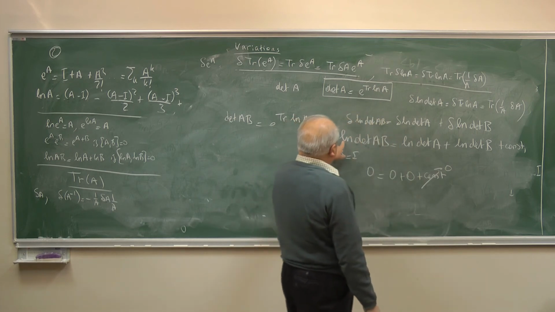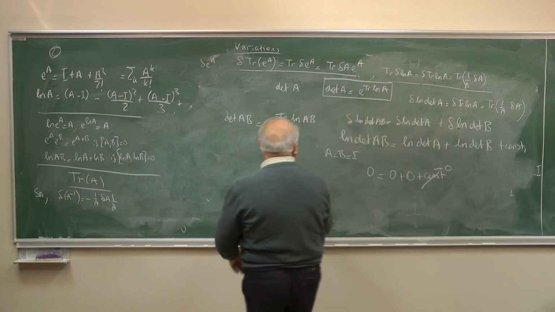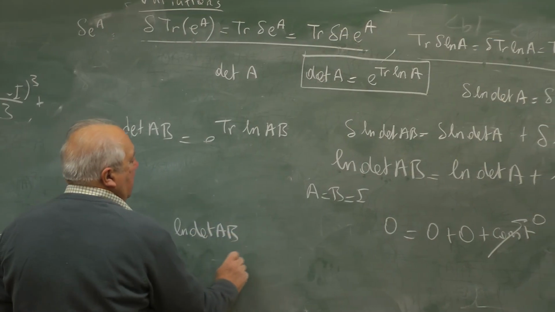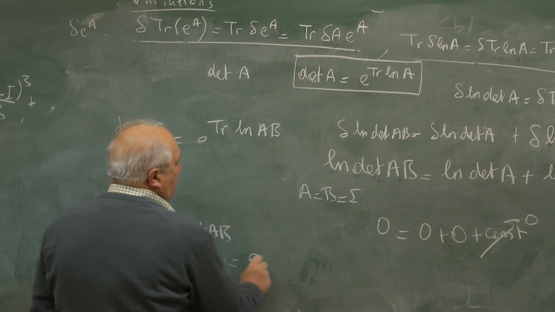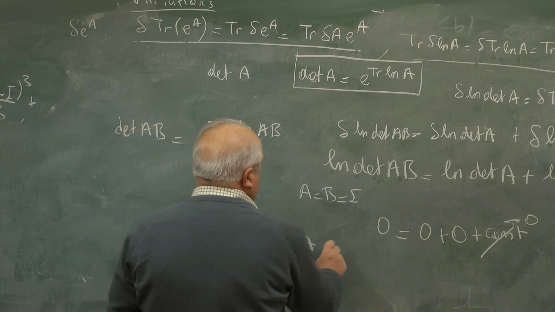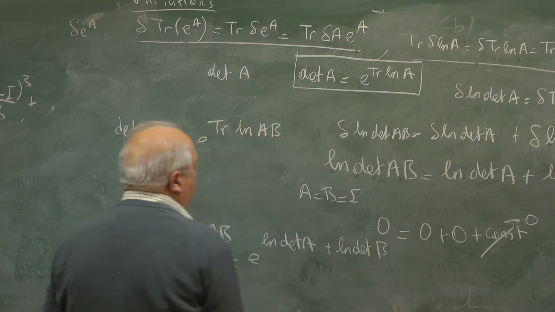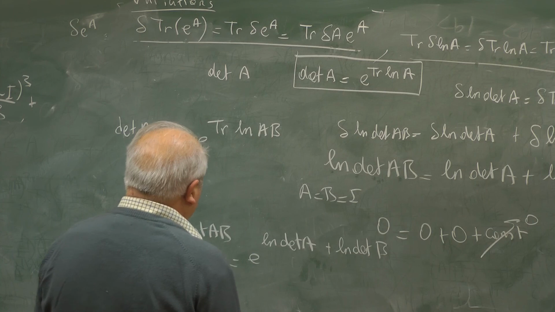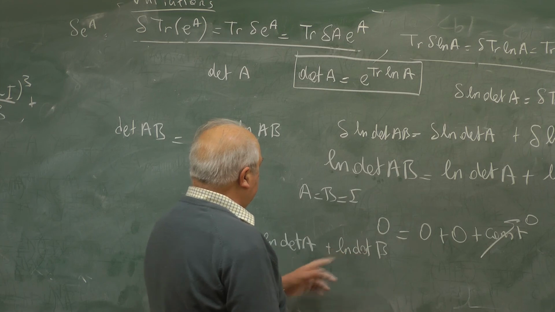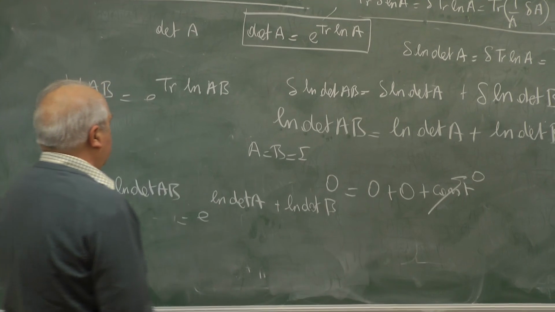So if this is log determinant AB, log determinant A, we take the exponential of it: e to the log determinant AB is equal to e to the log determinant A plus log determinant B. But these are not matrices now. Determinant A is a number, determinant B is a number. So this is just like e to the x plus y, so it is e to the x times e to the y.